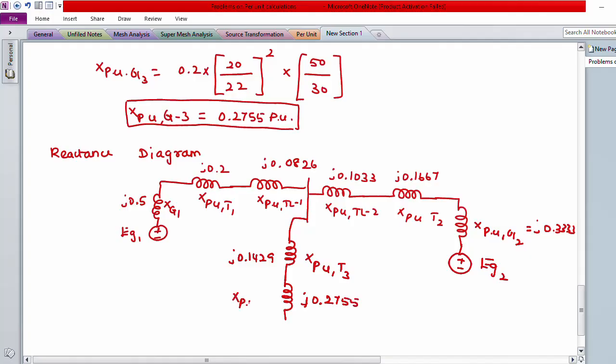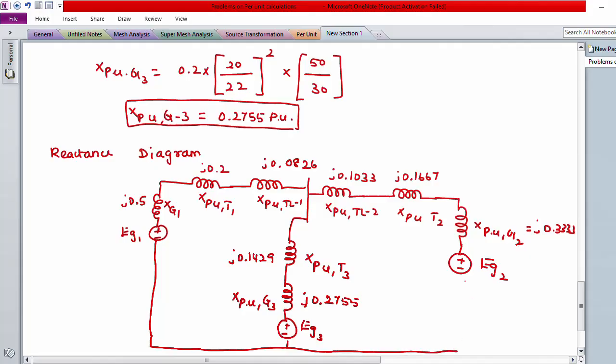This is X per unit generator 3. The generator will have a generated EMF. This is the per phase equivalent representation of all the components. So after determining the reactance value for each and every component, you have to represent it in a per phase equivalent circuit. So this is the reactance diagram of the given single line diagram. Thank you.